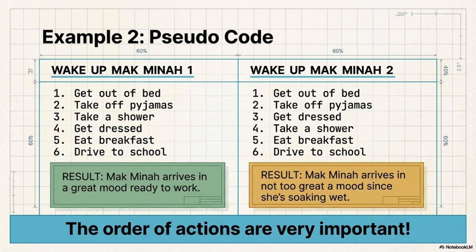So the order of action is very important. So the conclusion from these two types of how you write your pseudocode, the sequence will give different results. It's either positive or negative.